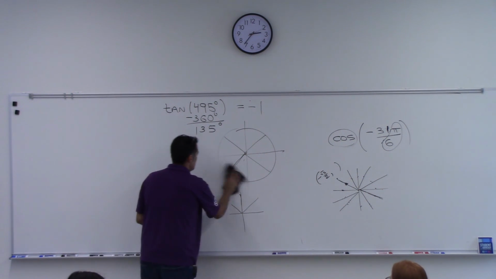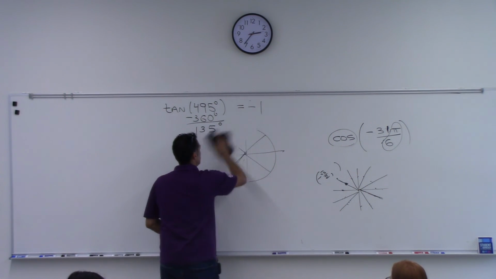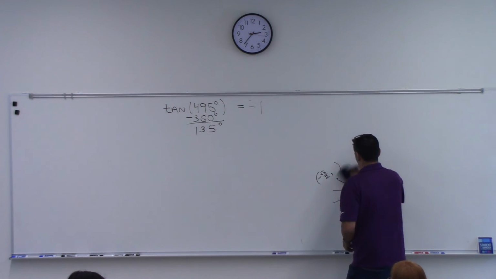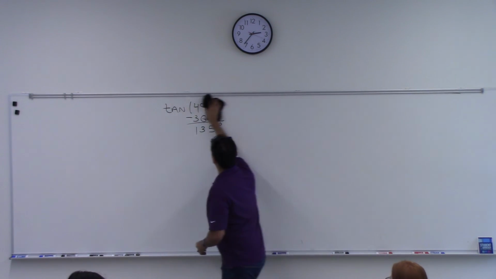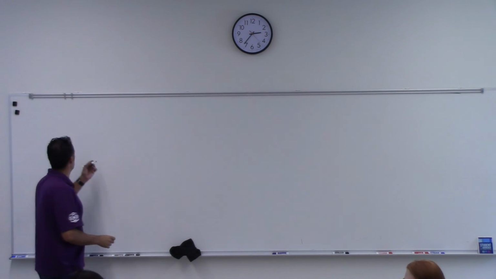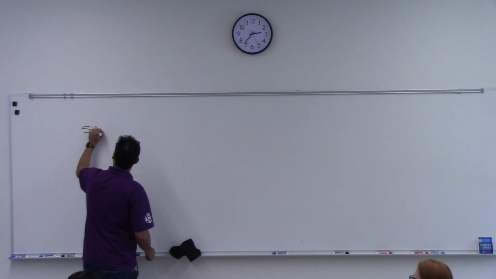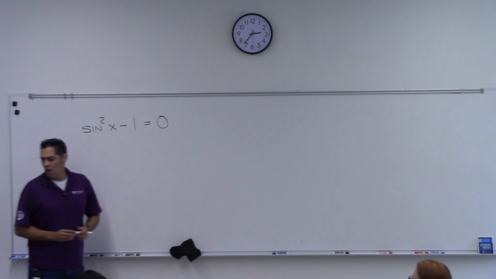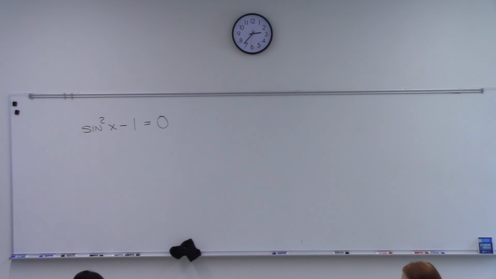This is actually, I'm going to make one up here. So how about this? How about sine squared x minus 1 equals 0? I want to solve for all values of x which make this equation true.